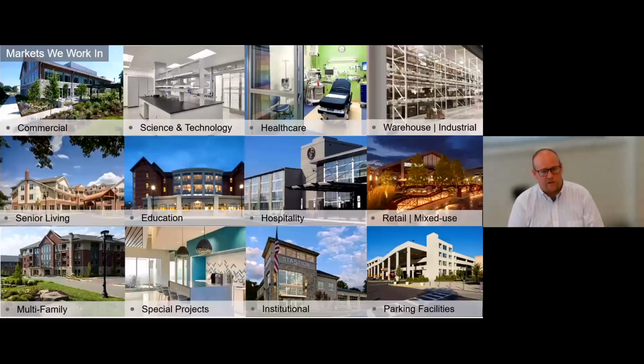So here you can see we work in a lot of different markets, and I think that's one of our advantages is we're not a specialist company. We get a lot of different experience across a lot of different markets, everything from a small project, maybe $250,000, all the way to projects that are over $250 million. We do wood frame multifamily construction, apartment complexes up to 250, 400 units sometimes, as well as major retail projects like the King of Prussia Mall expansion, one of the largest malls in America.